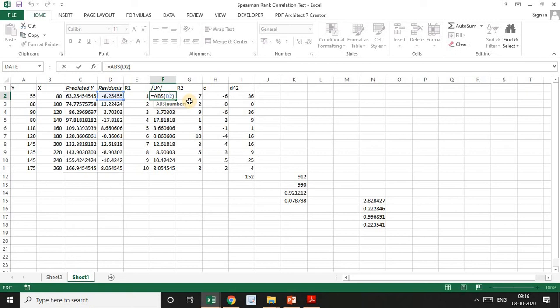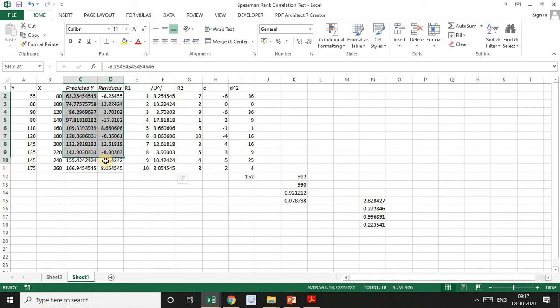So I have converted the residual using ABS, that means absolute values. Look at these values, all positive, but in the original there are some negative and positive values. When you take the absolute values, all negative values become positive.